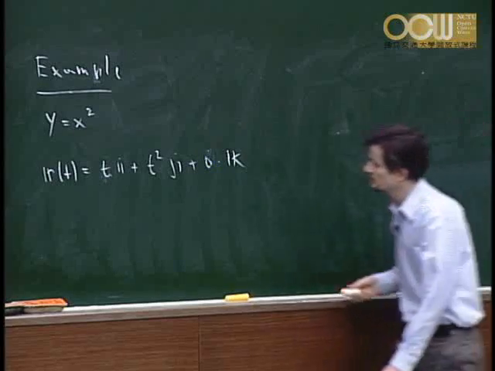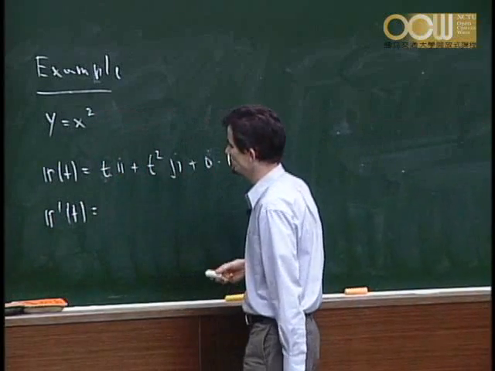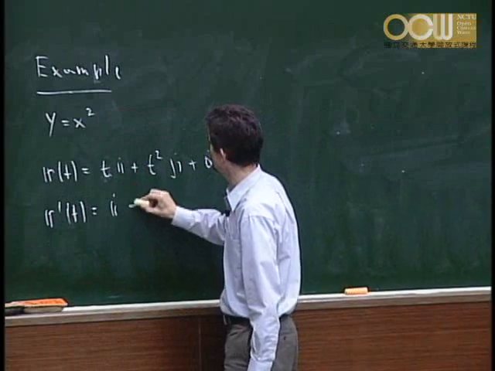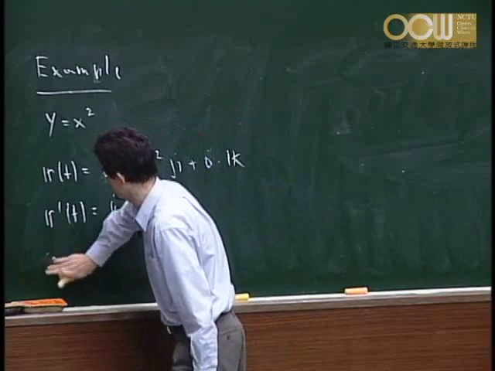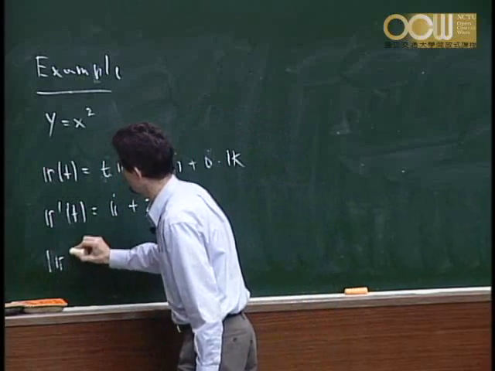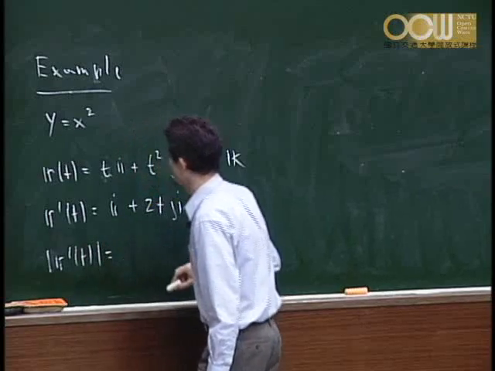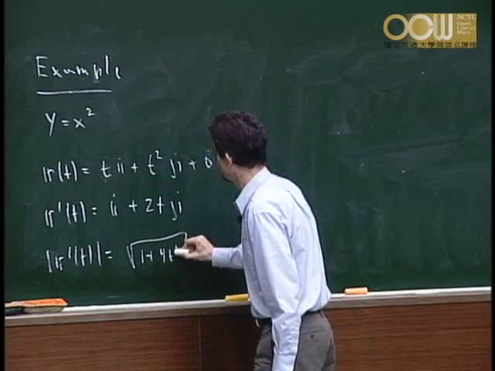Okay, so we first want to find the unit tangent vector. We take the derivative, i plus 2t j, and for the second we first have to normalize it. So we see that the length of the derivative is equal to the square root of 1 plus 4t squared.